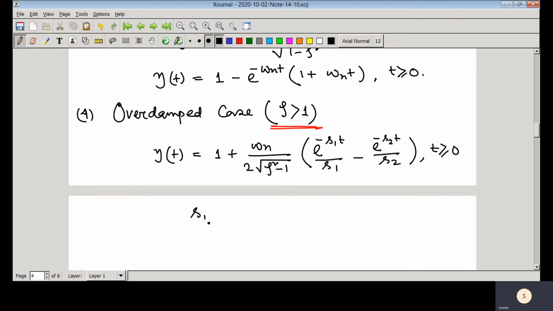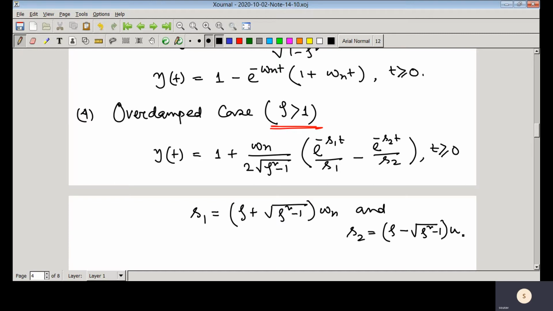You have already seen the two poles: s1 is zeta plus square root of zeta square minus 1 into omega n, and s2 is zeta minus square root of zeta square minus 1 into omega n. Mind that this zeta is greater than 1. So this is that expression.